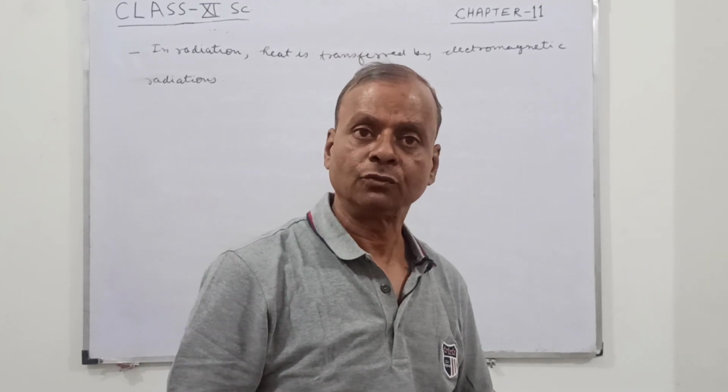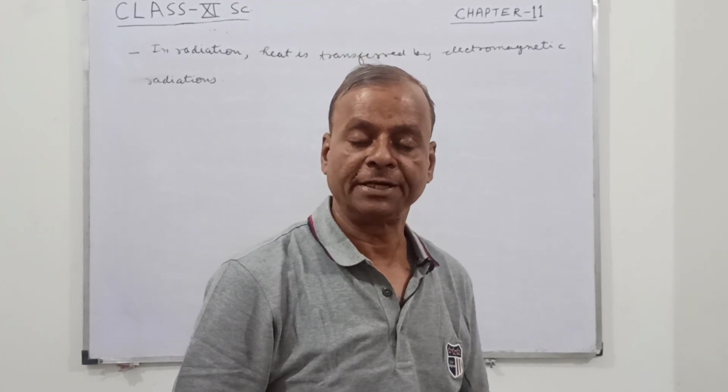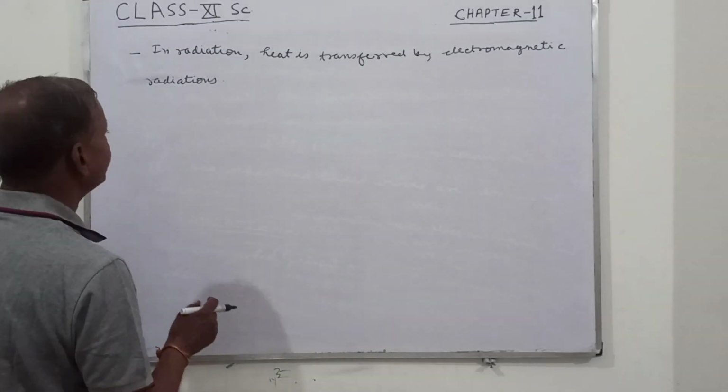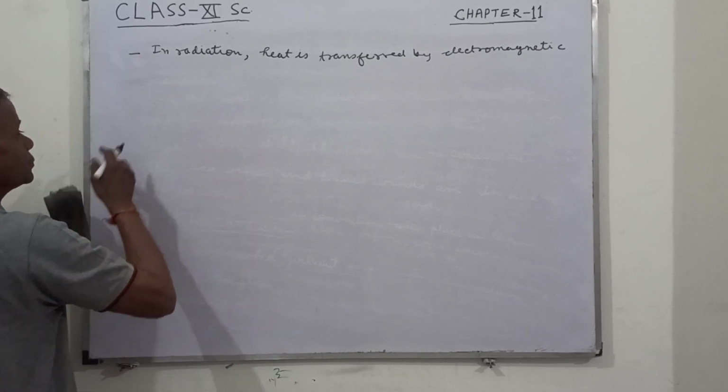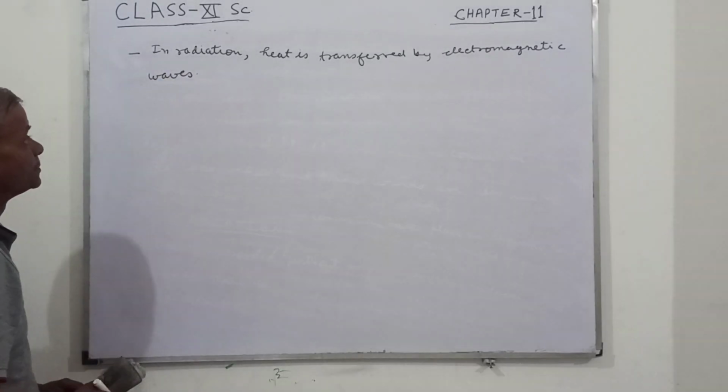So from the sun to the earth, the heat is coming in the form of electromagnetic radiation.